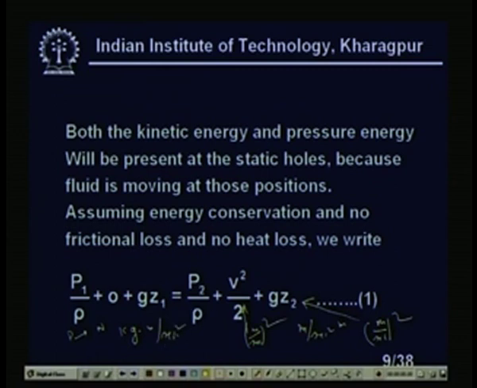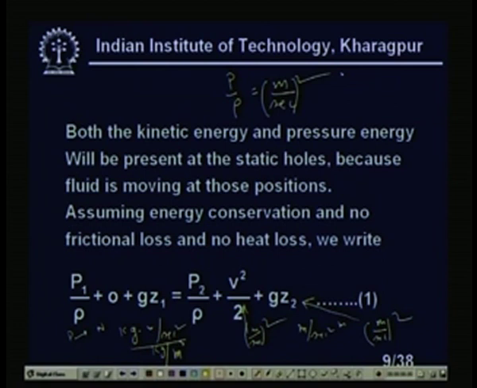If you divide by rho, which is kg per meter cube, P by rho will be in meter per second square, right.